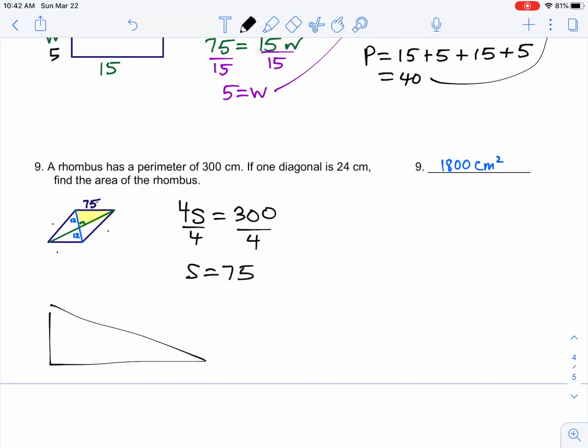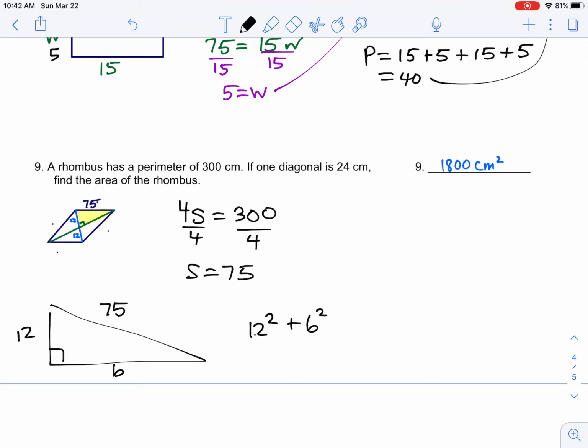Now I am focusing on this little right triangle. For that little right triangle, I have 12, I have 75, and I don't know b, but I can use the Pythagorean theorem. 12 squared plus b squared equals 75 squared. 144 plus b squared equals 5625. So then b squared would be, let's see here, subtract that. 5,481.